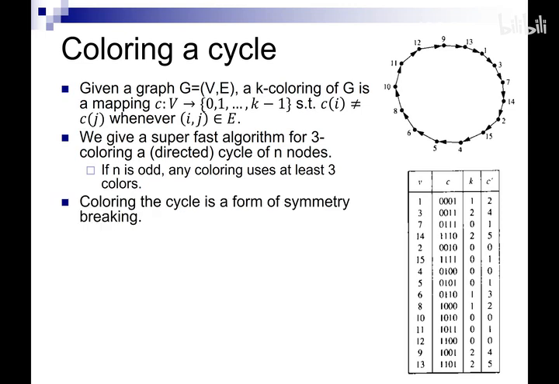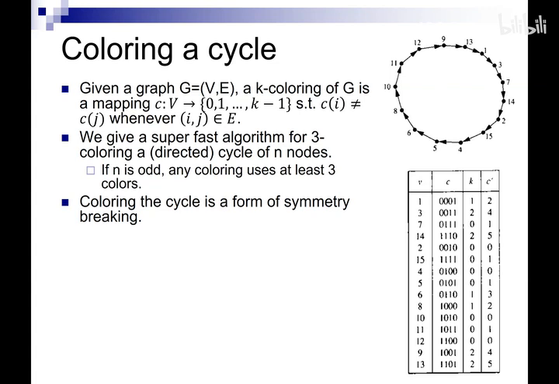Now, coloring the cycle is a form of symmetry breaking, in the sense that if you're given a cycle, then initially all of the nodes think that they're the same as any other node, because there's nothing basically to differentiate these nodes initially. Except that we're going to assume that these nodes have different IDs to start out with.